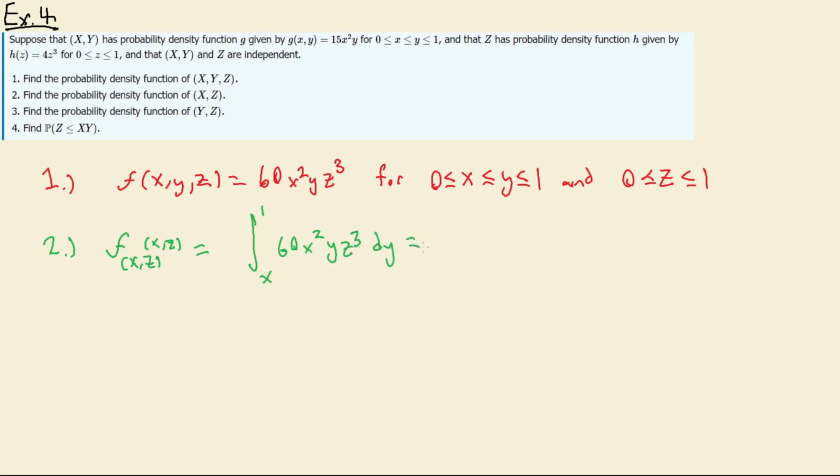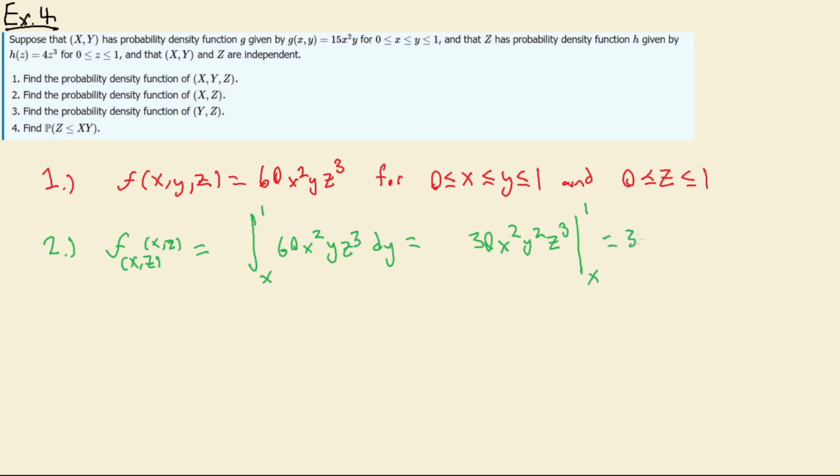And so what is this? Thankfully, this is quite simple. We're going to treat all of these as constants, and we'll get 60, or actually we'll get 30. I'll just go ahead and factor that 1/2 into the 60 and leave it as 30. 30 x squared y squared z cubed, evaluated from x to 1. And so what is this going to be at 1?